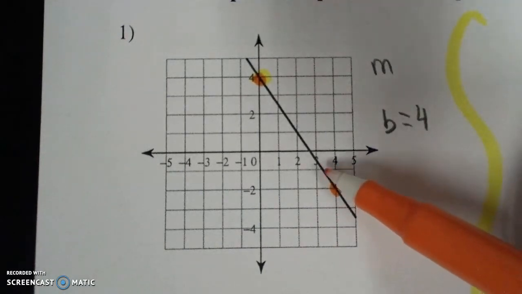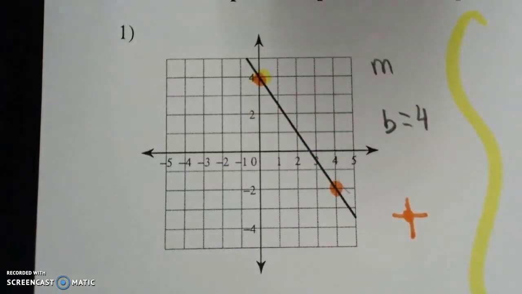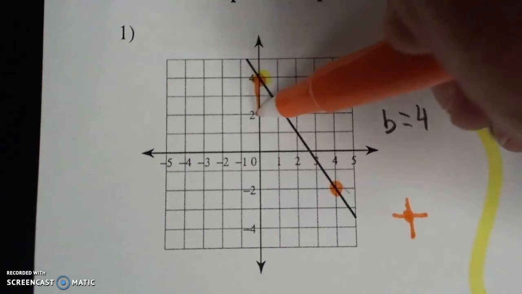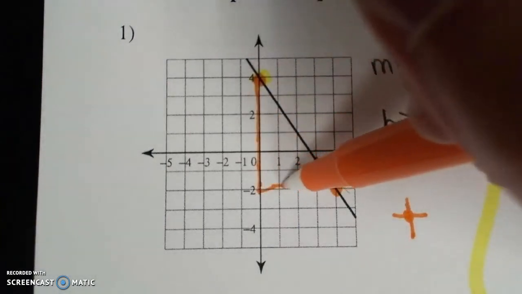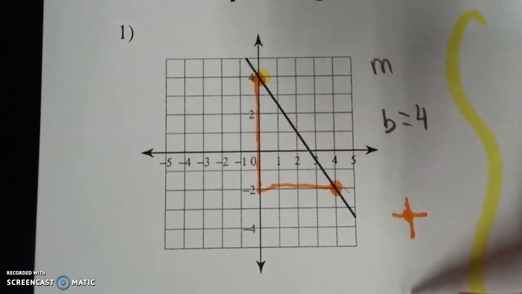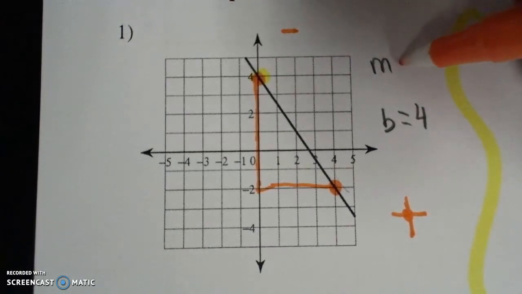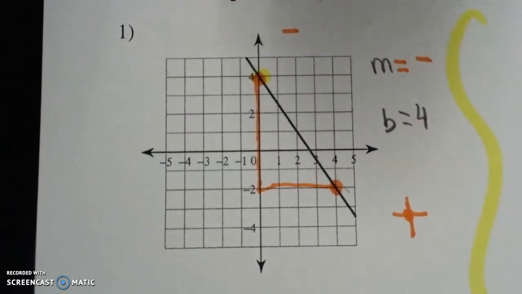You cannot pick this value or even this value. Okay? And then you're going to draw this, and you're going to say, hey, that's a negative slope. And I'm going to put that up there to remind me. And then I'm going to say this is equal.